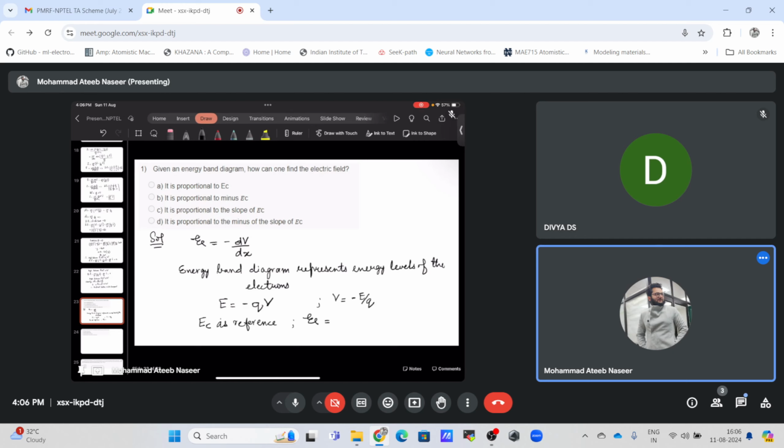So if I put this value of V in equation 1, it will be simply minus of minus, dEc by dx times 1 by q. So I guess you must have gone through this derivation that I have done.